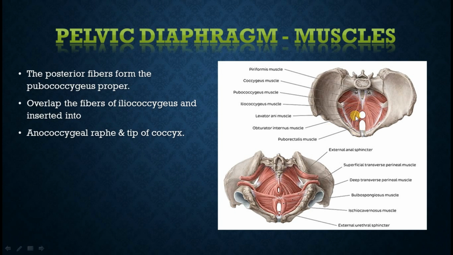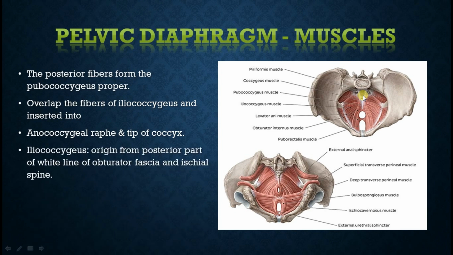So these posterior fibers of the pubococcygeus attach to this, which is called the anococcygeal raphe, and also to the tip of the coccyx. Then immediately behind it you have the iliococcygeus, which arises from the posterior part of the white line of the obturator fascia and the ischial spine.